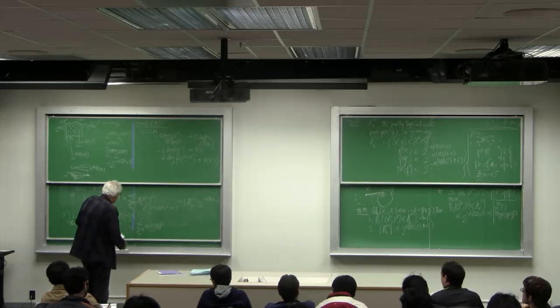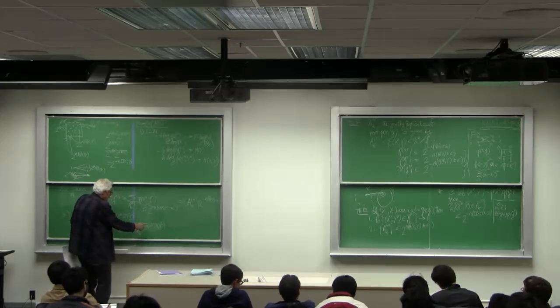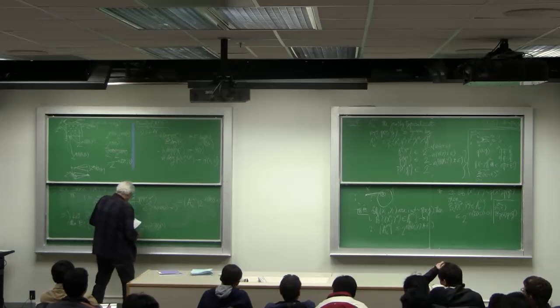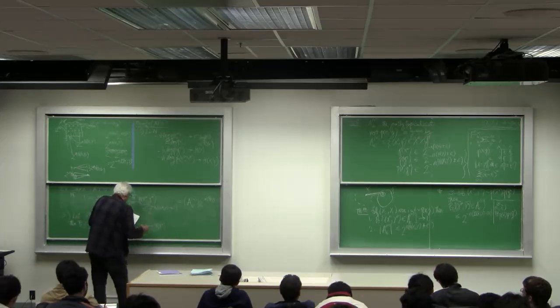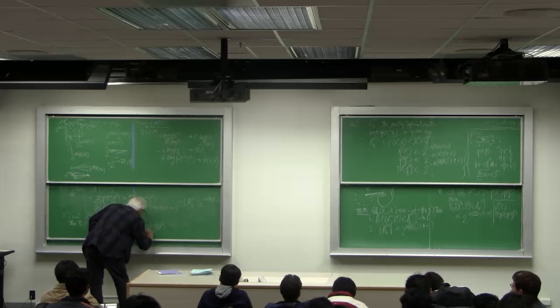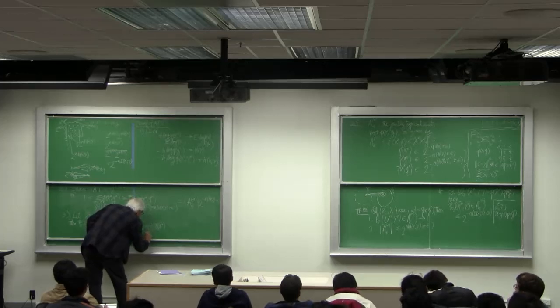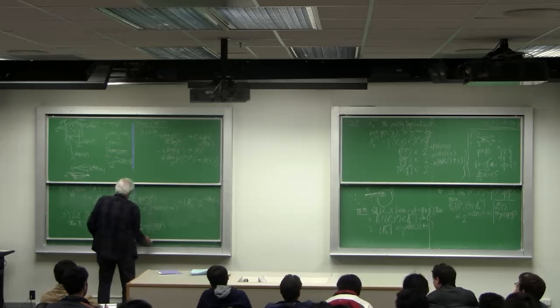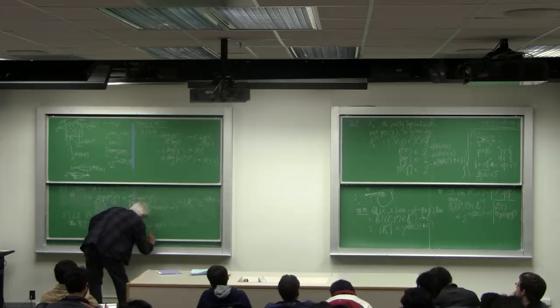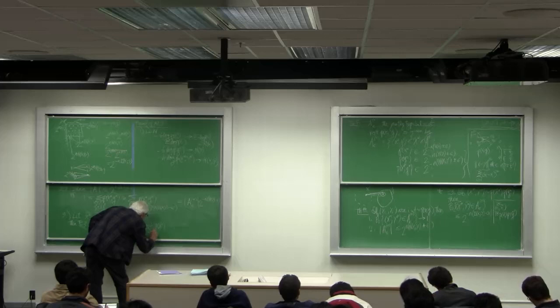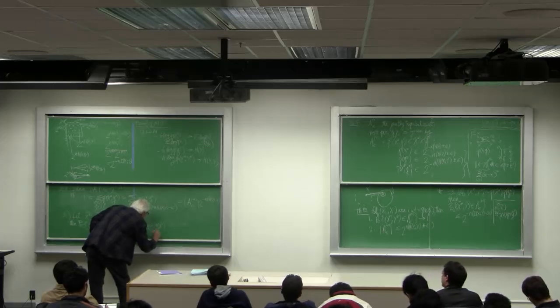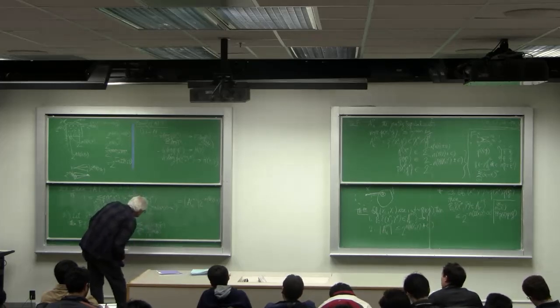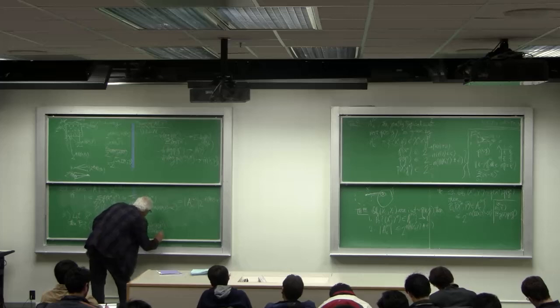But this is for xn tilde, yn tilde in A, so therefore, this quantity is less than 2 to the minus n h of x minus epsilon.